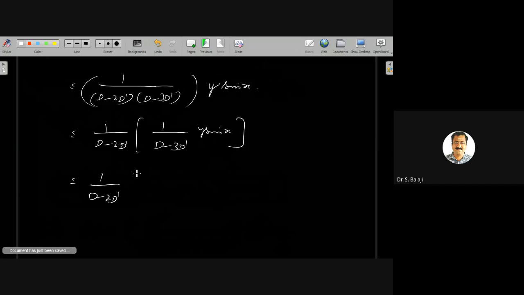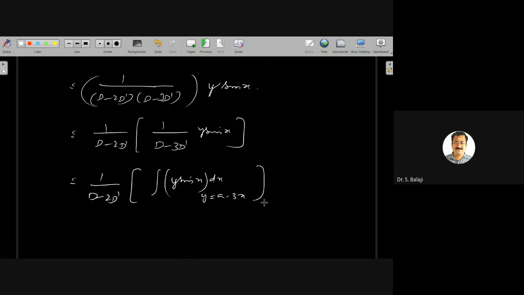What will be the procedure here? If you have 1/(D − mD′), you have to integrate, replacing y by a − 3x, in y sin x dx.